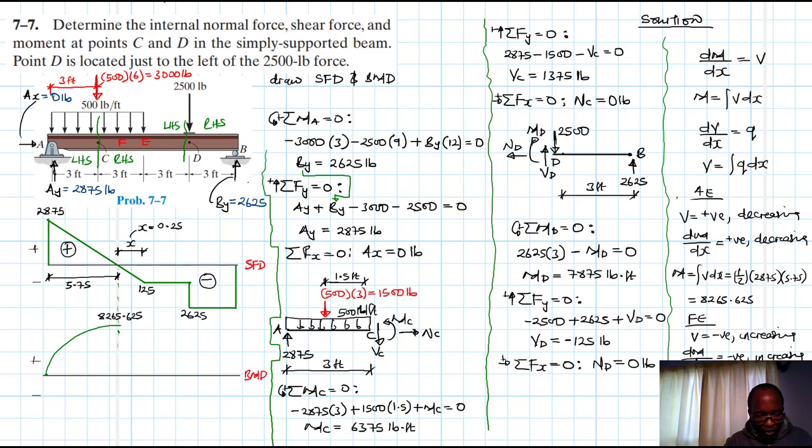So 8265.625 minus 15.625. So we have 8250. So this curve, we expect it to move from there because we are saying the slope is negative and increasing.